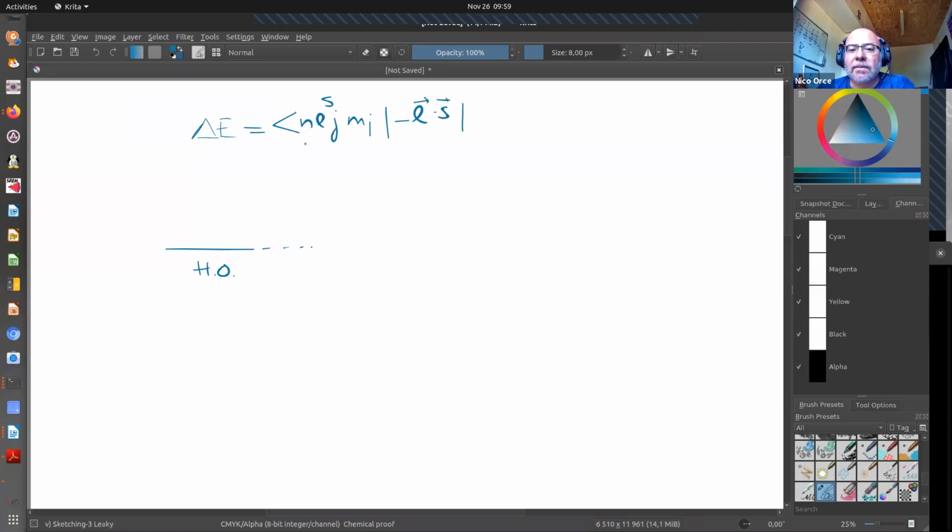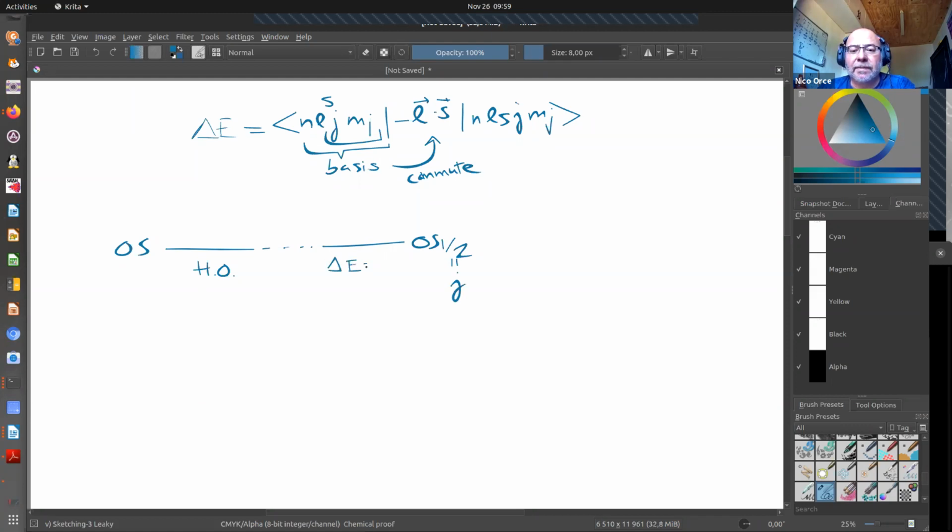And we use this basis of states because they commute with these operators, right? And then the same thing here, |n l s j m_j>. And this was the energy change, and we saw that for the 0s, which now becomes the 0s1/2, because we have to add these two quantum numbers to get J, there was no change: delta E was equal to 0 for this particular case.